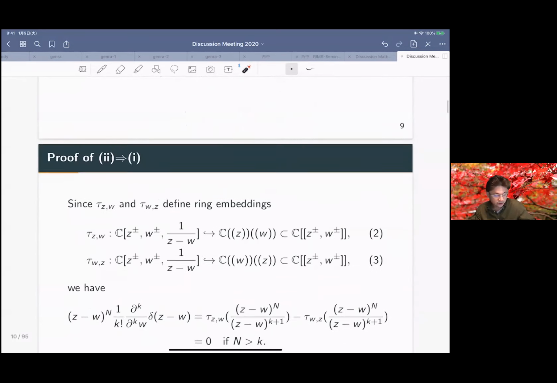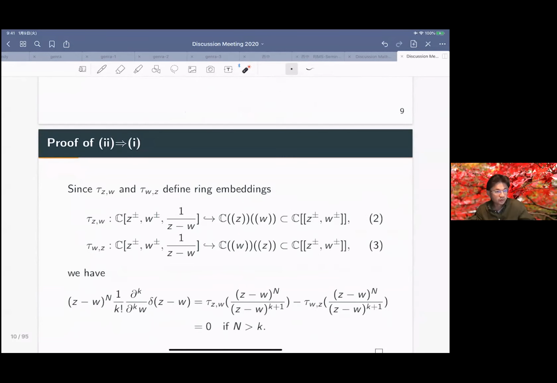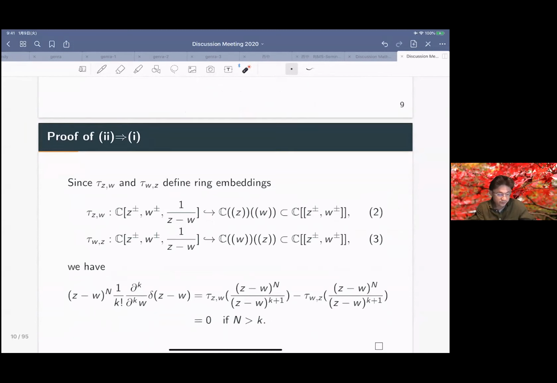And the direction from the second statement to the first statement is also very easy. So you just have to notice that this expansion defines an embedding of rings. So this defines an embedding of this into these fields. So this is not a ring, but this is a subspace which forms a field.